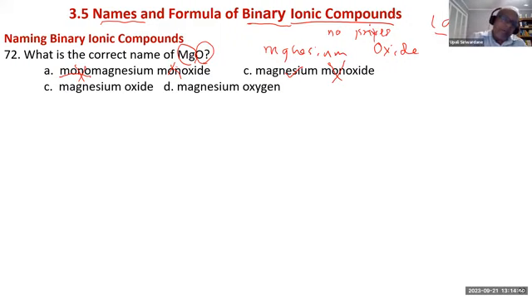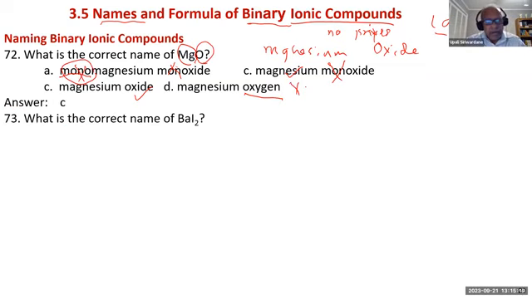A prefix is the beginning part of the name of the cation or anion. This is the correct answer, magnesium oxide. This is the wrong answer. Oxide ion is not oxygen. This should have been oxide. Therefore, it's incorrect. The correct answer is C.